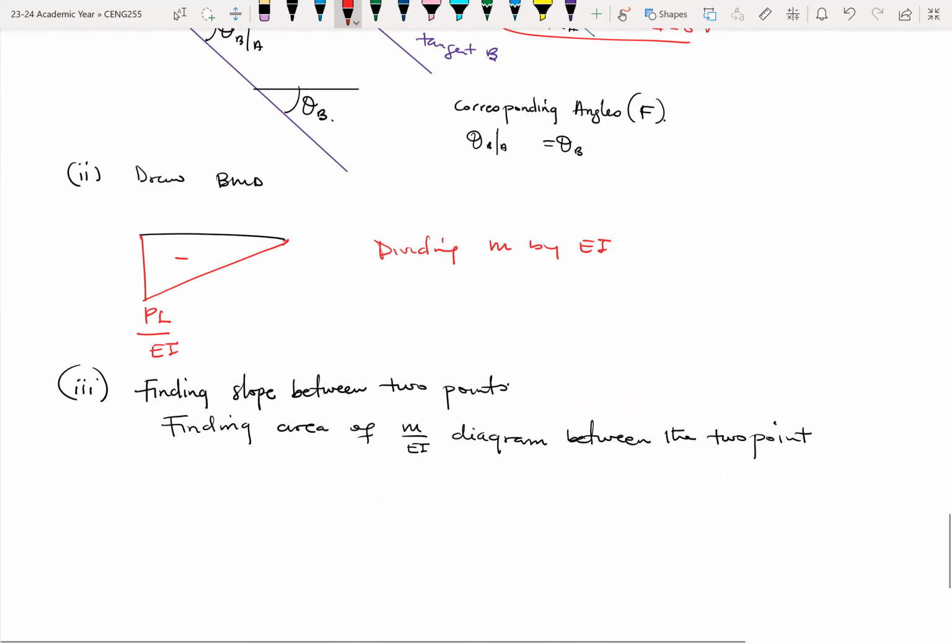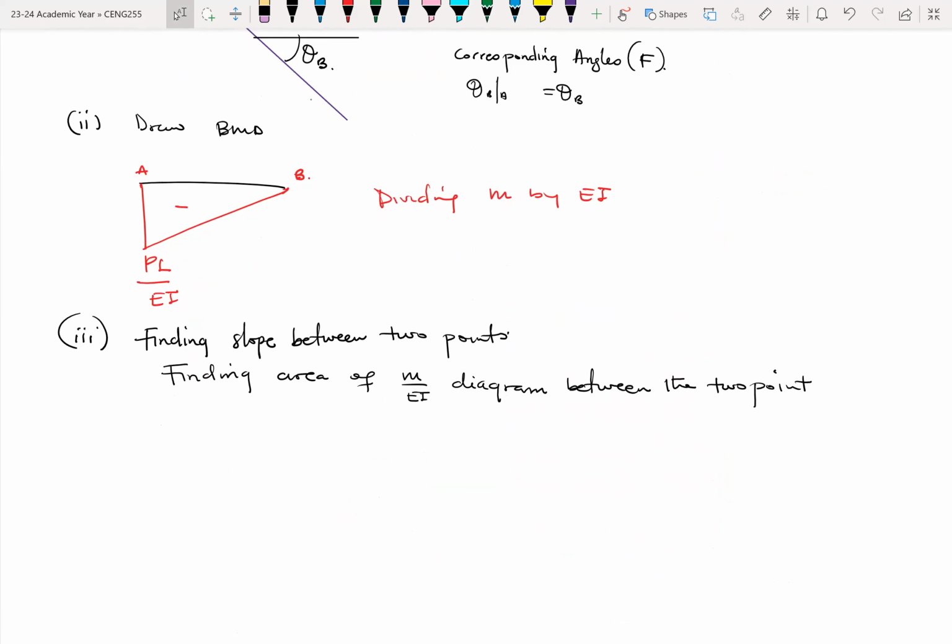So here, this is my point A, this is my point B. So it means that I have to find the area of this triangle. So the area of this triangle will be what?